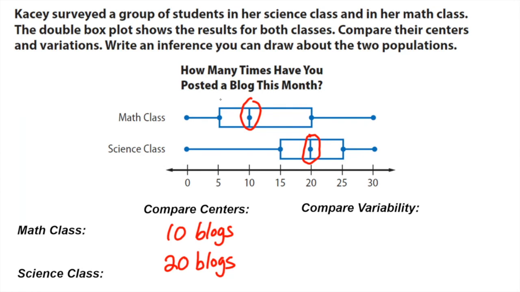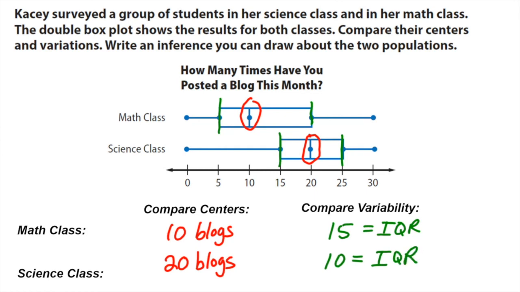So we're going to look at the IQR, which is the width of the box. For the math class, the IQR goes from 5 to 20 blogs. So that's an IQR of 15. And for the science class, it goes from 15 to 25, and that's an IQR of 10.